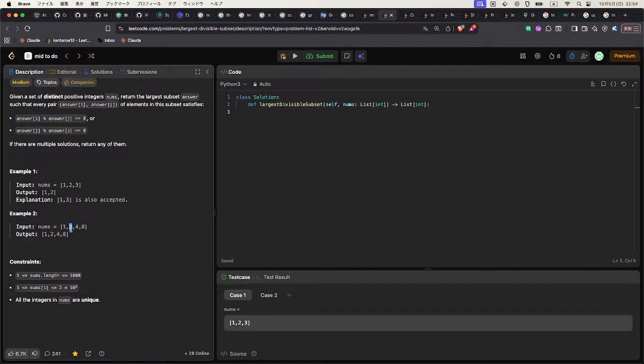If we can divide 4 by 2, we can divide 4 by 1, because 2 is divisible by 1. Okay, but we don't have to worry about 1. So we can update the subset for 1 to 4.